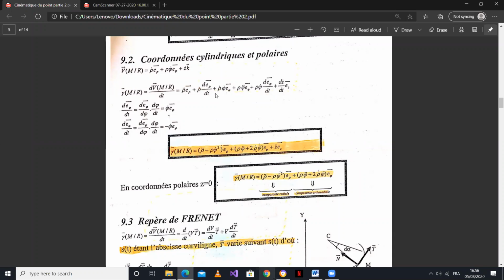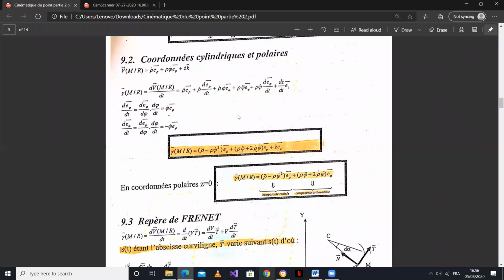So when you add this plus this, it's just going to give you 2 times this. So it's just going to be 2 rho point phi point E phi plus rho phi 2 point E phi. That's why we have rho phi 2 point plus 2 de rho point phi point suivant E phi, like this. This term here between parentheses is coming from this, and that. They are all following E phi.